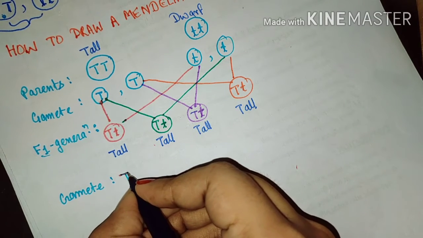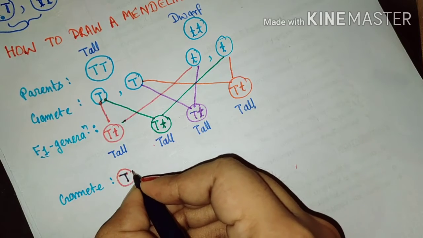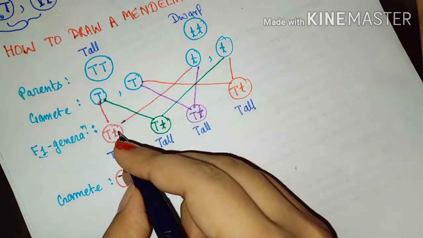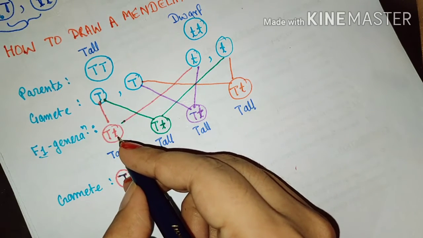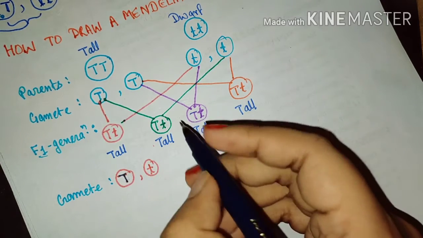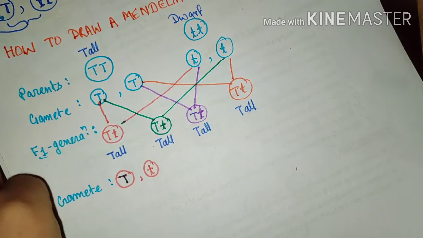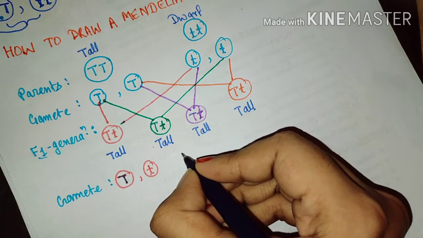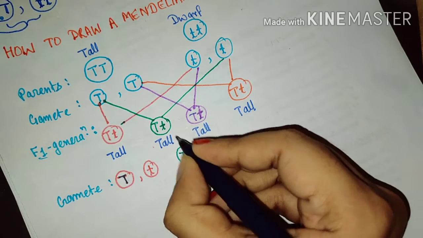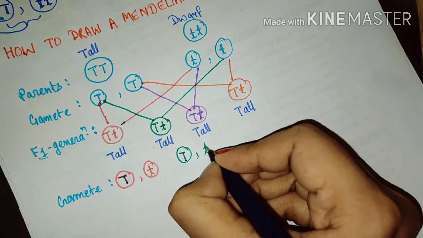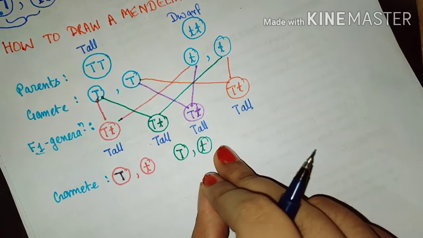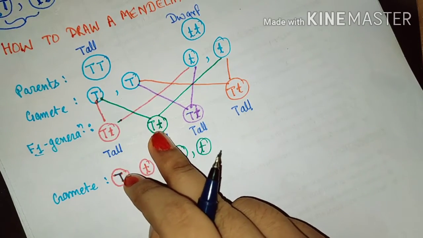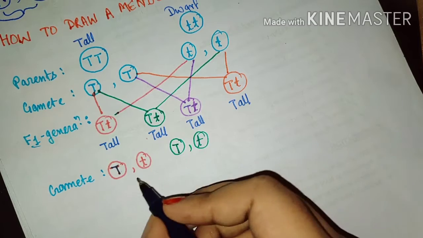So this will be capital T, one gamete, then small t from this particular parent. From this parent, these two gametes will be formed. Now come to the next parent. From this parent, again two gametes will be formed, capital T and small t. So a total of 4 gametes are formed if each time you consider the two parents. These 4 gametes are formed.